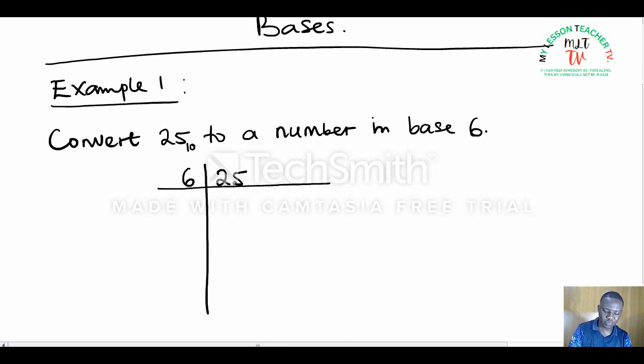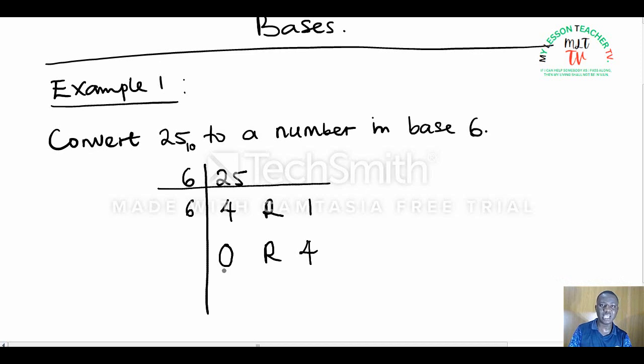6 into 25 is 4 remainder 1. Let me use R to represent remainder. I will also divide 4 by 6, and 4 divided by 6, it cannot, so I'm going to write 0 remainder 4. This is how you keep dividing until you get to 0.